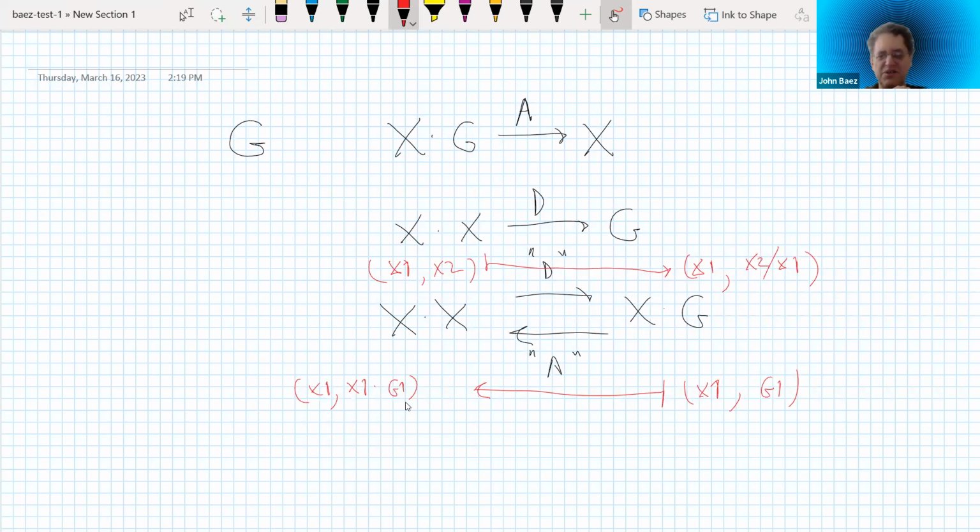That is, if you started out with the pair starting with X1, you go back and forth, you get back X1. All the action is going on in the second coordinate. And you are saying that X1 times X2 over X1 is X2.